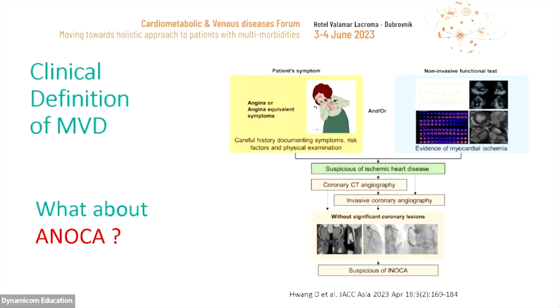Is ANOCA present? Does it exist? Well, yes, the patient that comes with chest pain wants to know if it's ischemic or not. And in some cases, for instance, we'll show the abnormalities are found if you look in depth.